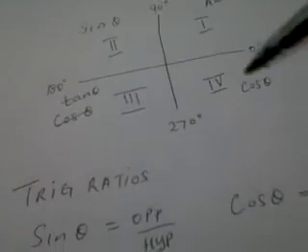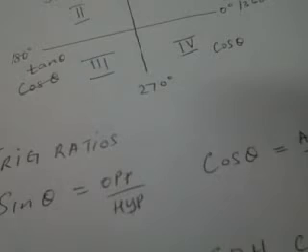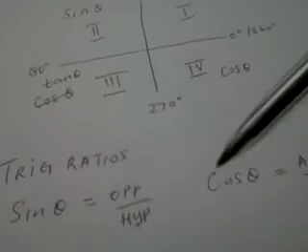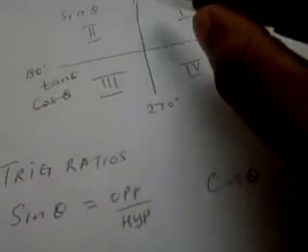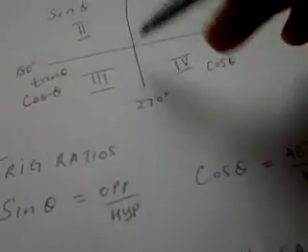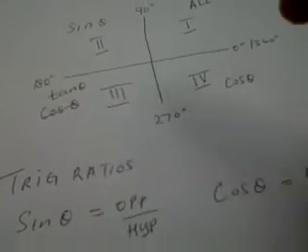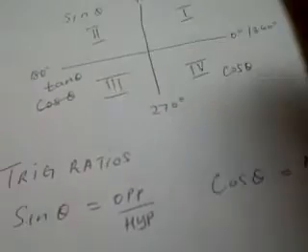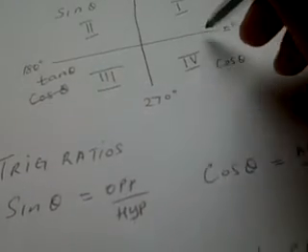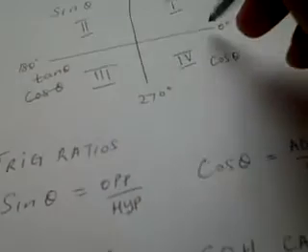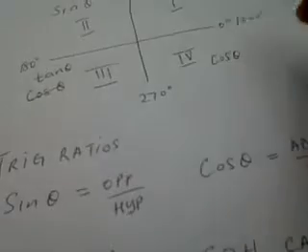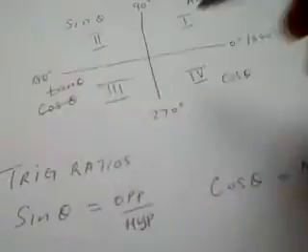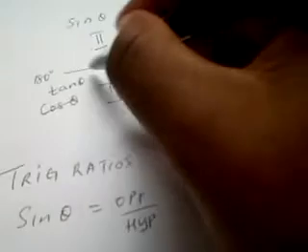Now, for us to understand what we mean by that, we need to take a look at the ratios. Remember, as much as this Cartesian plane is used to measure angles, the numbers here will be positive, because this is the positive axis, and on the other side of the line it will be negative.